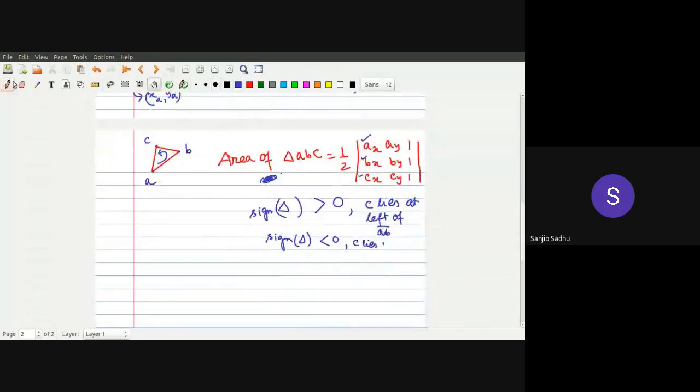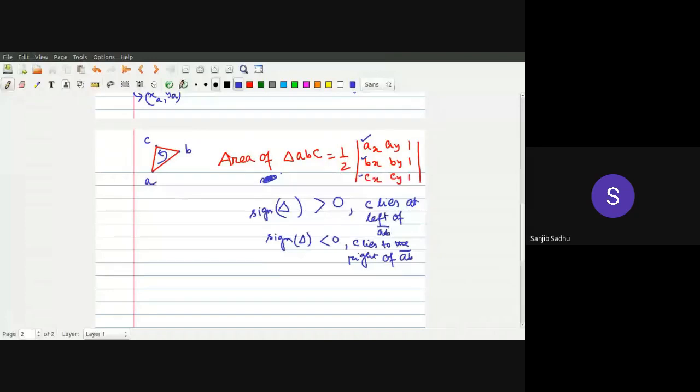C lies to the right of AB. This is the definition. Difference. Just taking the sign: if it becomes negative, then it lies on one side, and if it is positive, then it lies on this side.